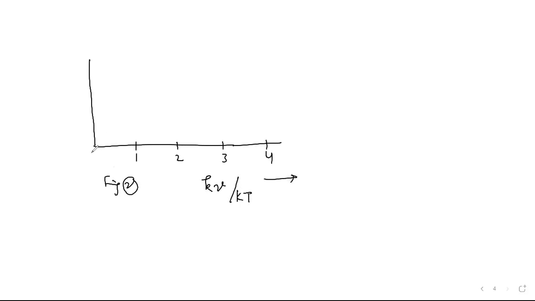On this side I have 0, 5 and 1. On this side I have average energy over kT. h nu over kT, average energy over kT. Let me draw the curve.